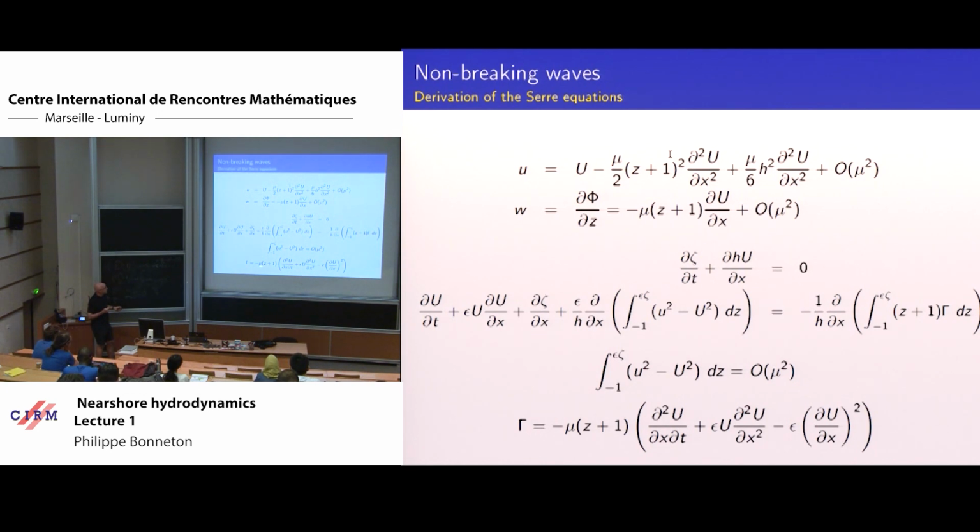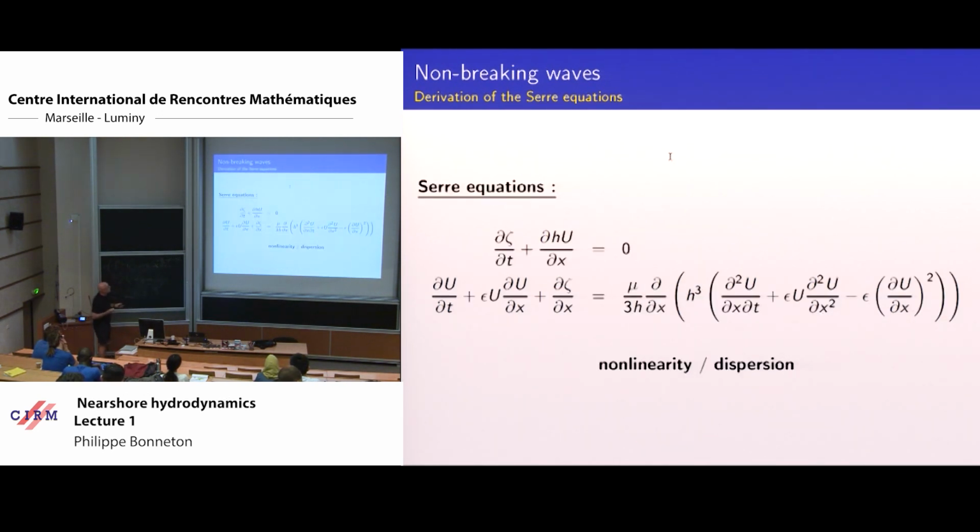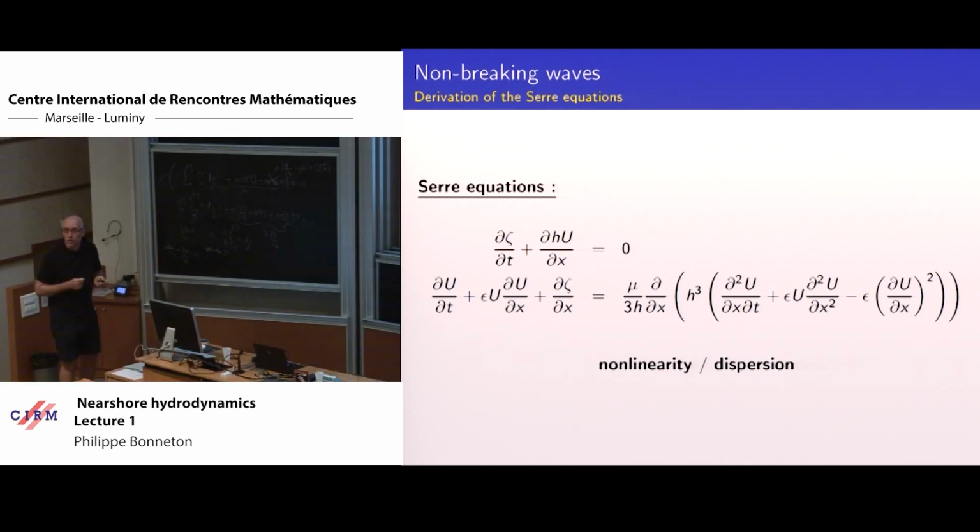So knowing U and W, gamma can be expressed like that. And so finally, we obtain the final system of equations, the 1D Serre equations. David will derive later the general problem, especially in 2D. So the system is now closed.